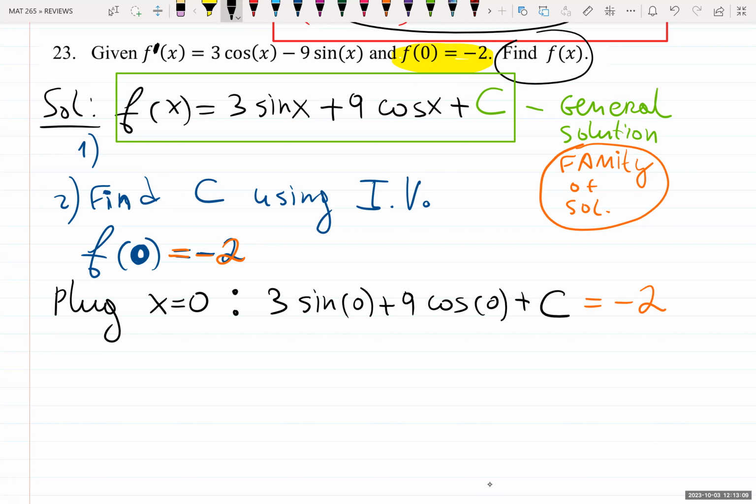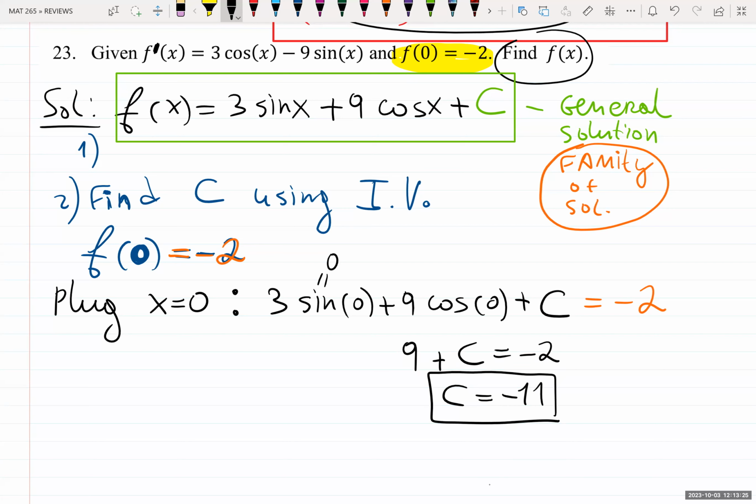And now you solve it. Sine of 0 is 0, don't care about that. Cosine of 0 is not 0, so it's 9. 9 plus C equals -2. C equals -2 minus 9, which is -11. Here you go.